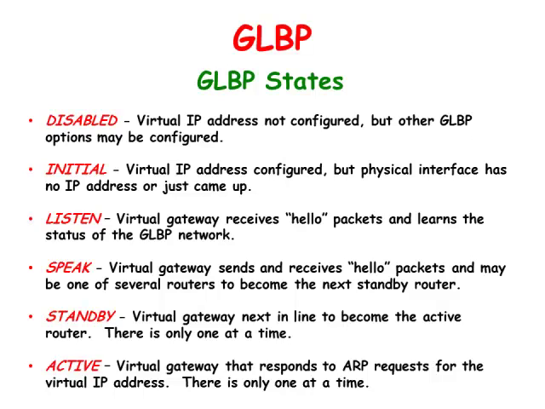In the listen state, the virtual gateway receives hello packets and learns the status of the Gateway Load Balancing Protocol network. In the speak state, the virtual gateway sends and receives hello packets and may be one of several routers to become the next standby router.